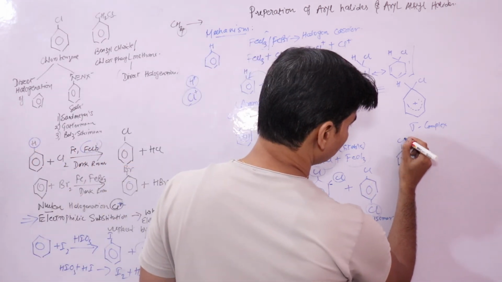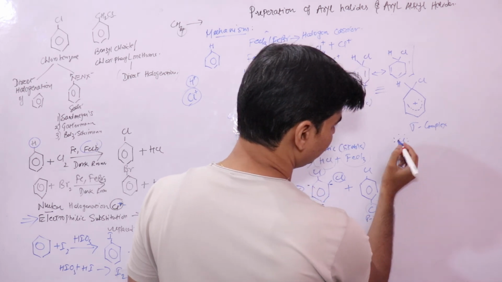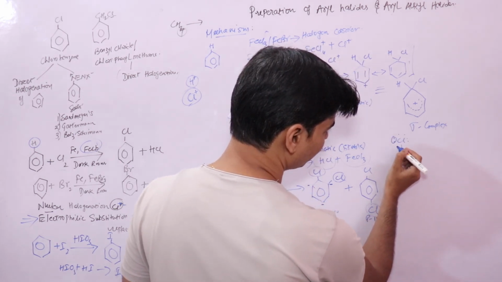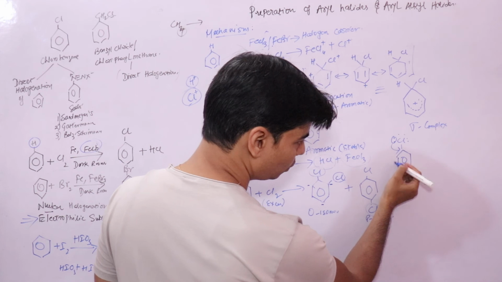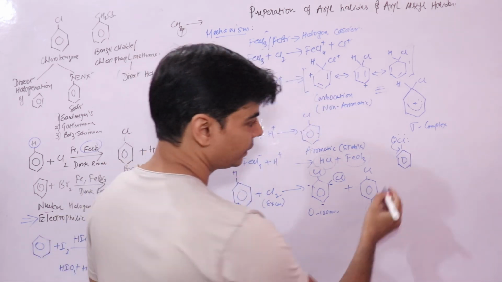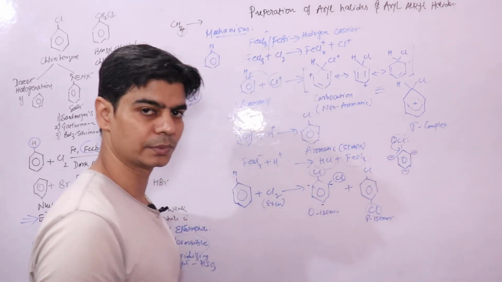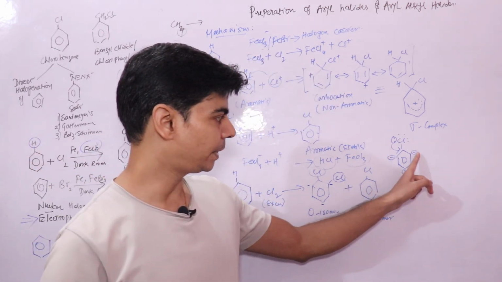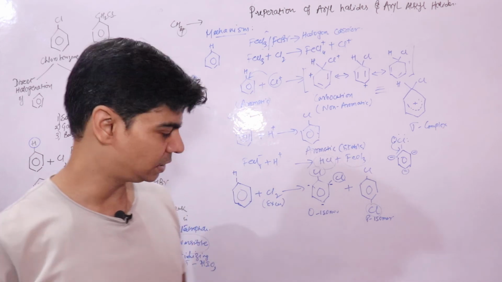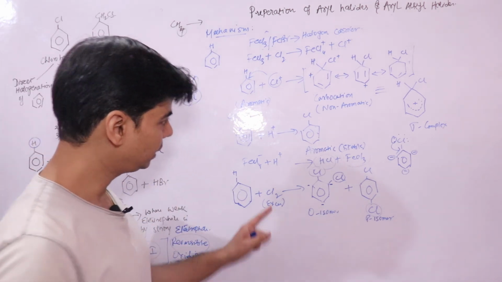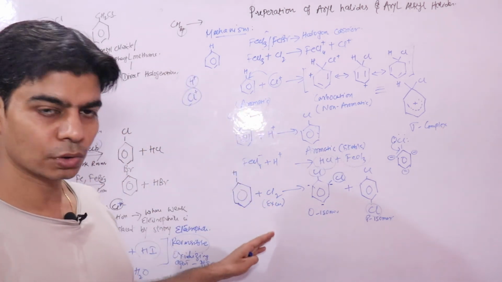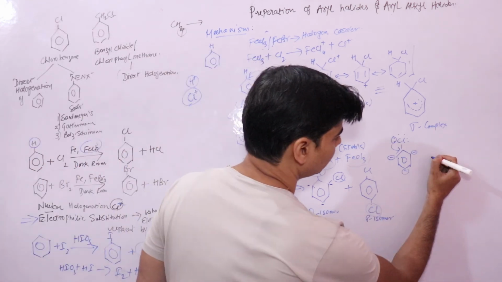This chlorine has lone pair of electrons. These lone pair of electrons will enter into conjugation with the benzene ring, and it will produce sites of high electron density at ortho and para position, right? So at ortho and para position you have high electron density sites, and we know that in this reaction the electrophile is chloronium ion, right?